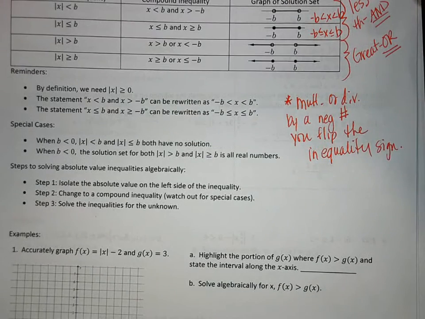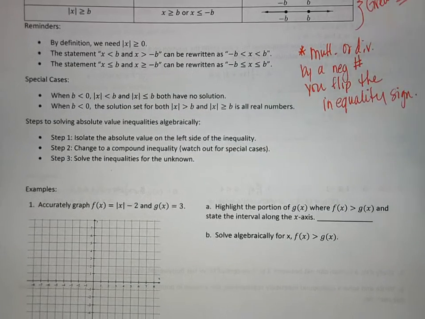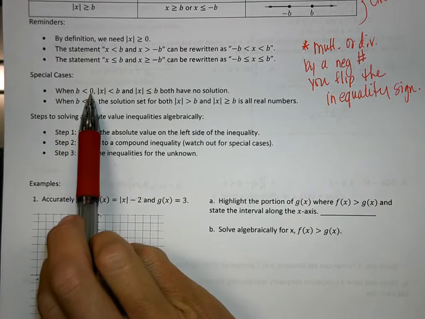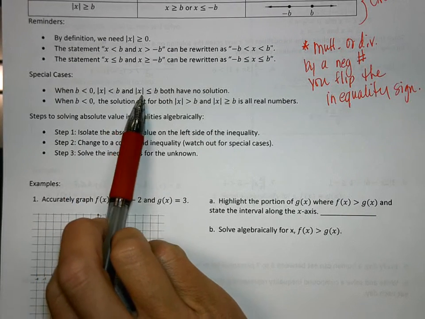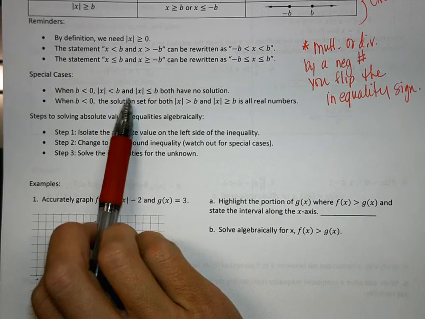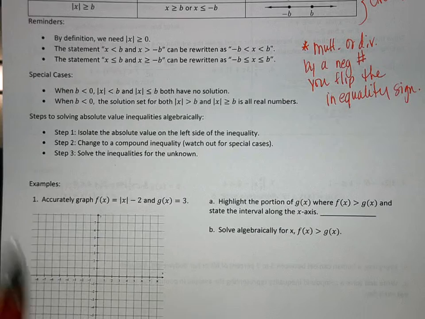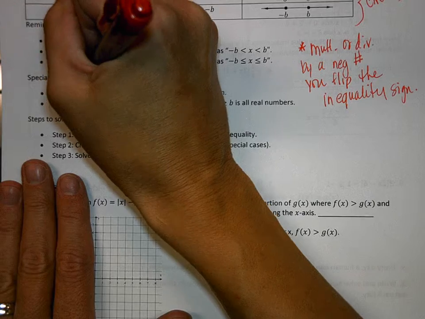Okay, special cases. When b is less than 0, the absolute value of x is less than b, and the absolute value of x is less than or equal to b, have no solution. Let's think about this. What does it mean if b is less than 0? What kind of numbers are less than 0? Negatives.